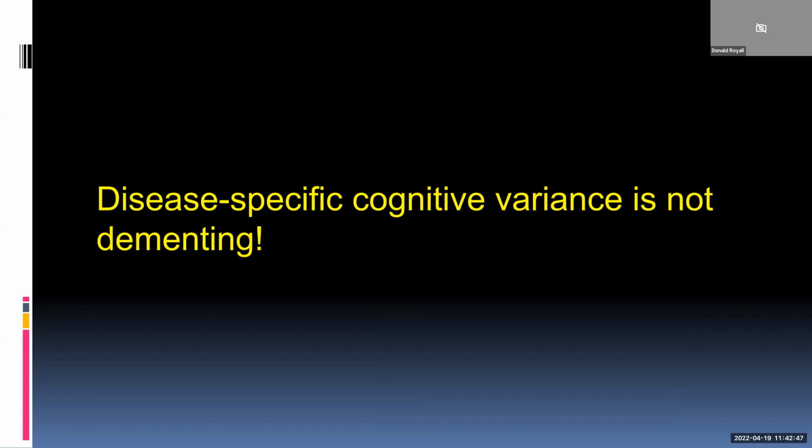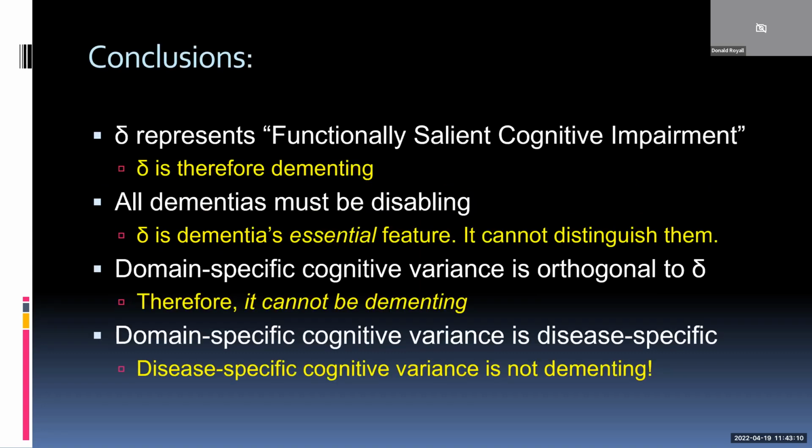If you're studying disease-specific biomarkers or the signatures of individual dementing illnesses and the biomarkers of those signatures, you're in the weeds because you're not studying functionally salient cognitive variants. If you were, it wouldn't be disease-specific. It would be dementia-specific, operating across etiologies. So D represents that functionally salient cognitive impairment and is therefore, by definition, dementing.